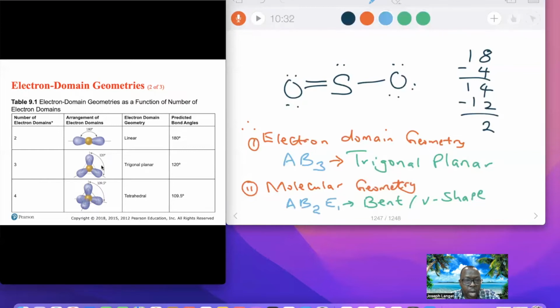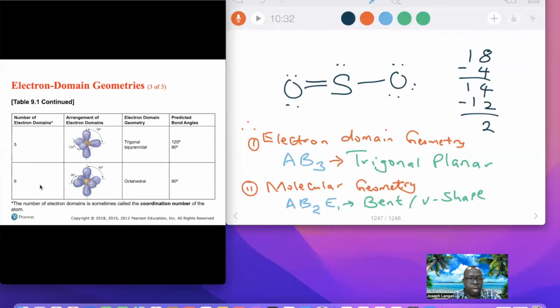This is the bond angle. Are you required to memorize that? You'll be given that, but what I want you to learn is how you come up with the conclusion of linear or tetrahedral based on the number of domains.